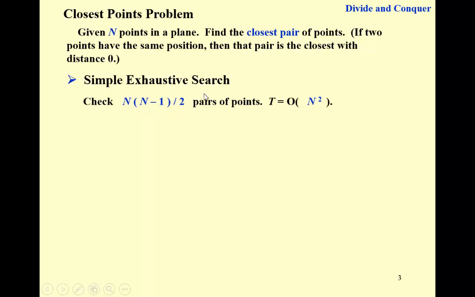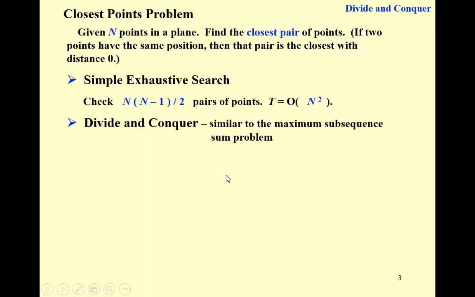Being professional means that whenever we see an algorithm that runs in n squared time, instinctively we should try to reduce it to n log n, right? If we can do so, it will be a big improvement since n log n is much faster than n squared. So here comes the idea of divide and conquer.